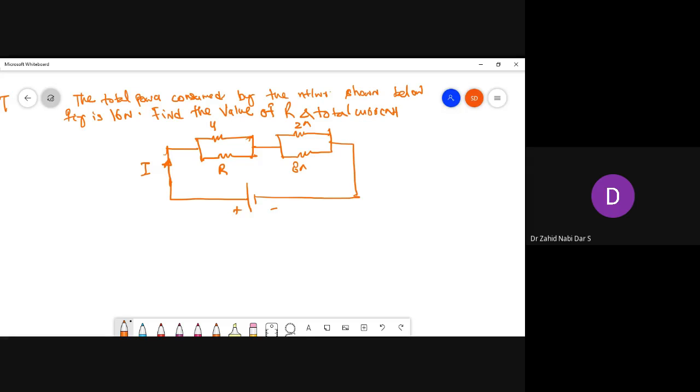Please do it and let's see who does it first. You have to find the value of I and R.